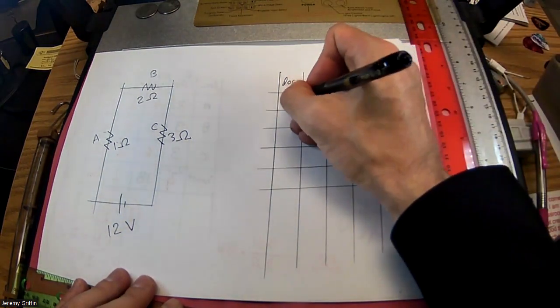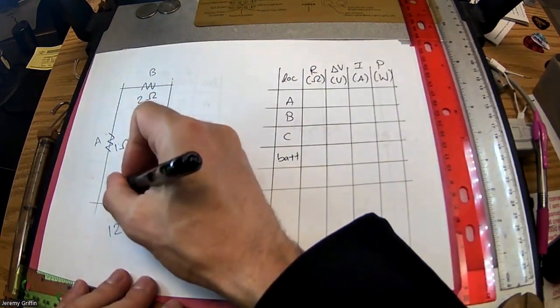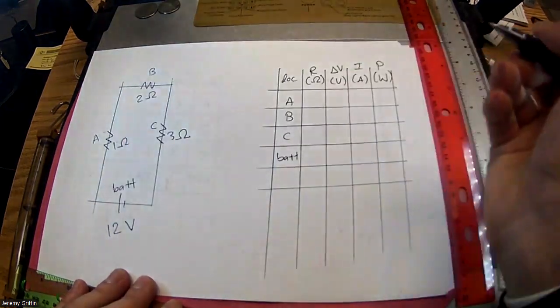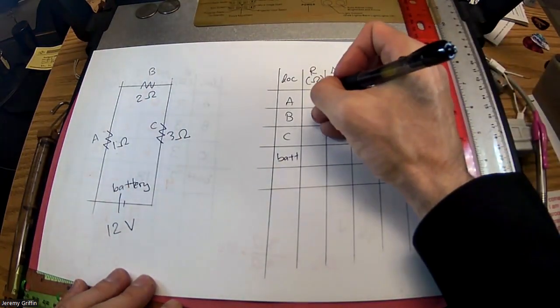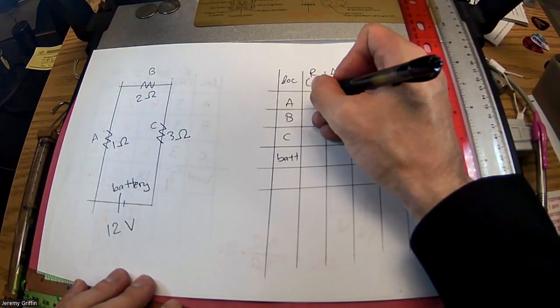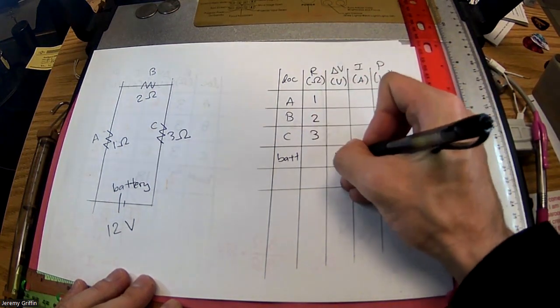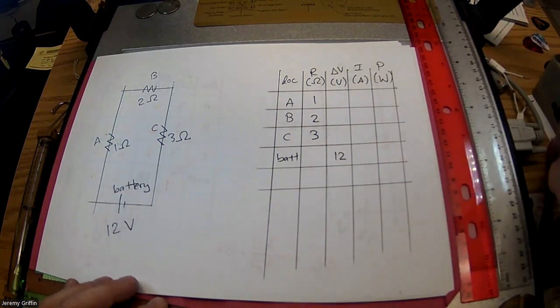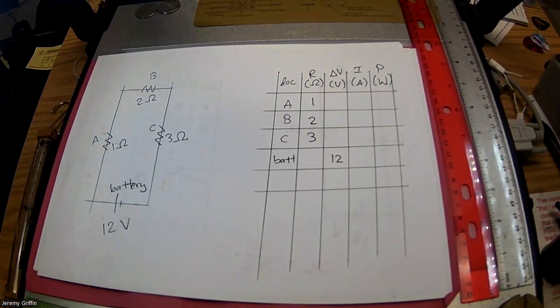So we got A, B, C, and the battery. The battery, of course, is the voltage supply. I gave you guys 1 ohm, 2 ohms, and 3 ohms, and also a 12-volt battery. Okay, so I'm done with the black ink. Let's break out the pink ink. Everything on the board already is what would be given to you.